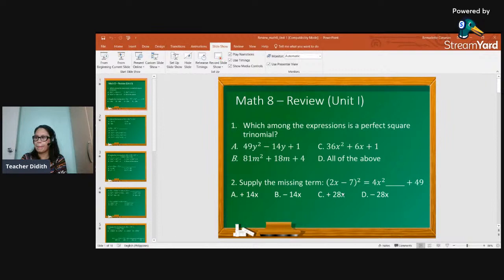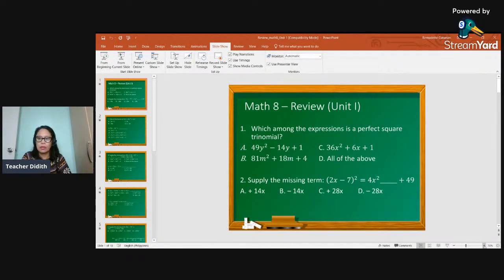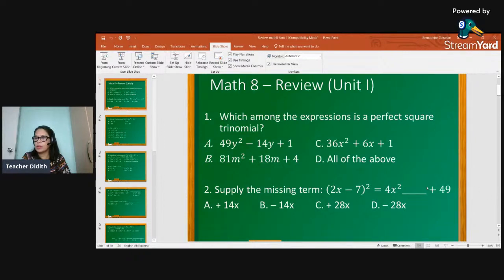Wait, wait, wait. Window. Okay. I'll just make it larger.